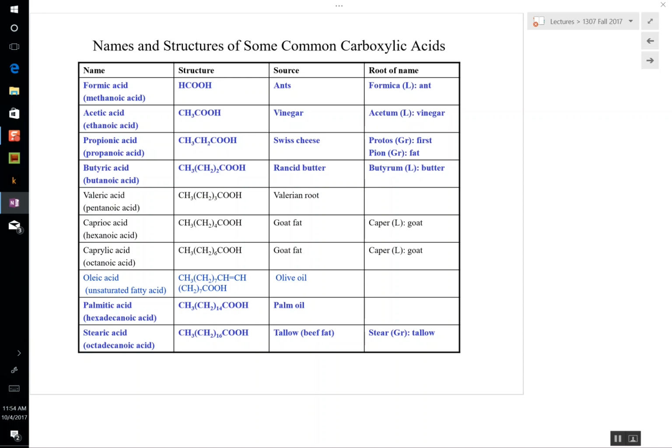And it's coming from the Latin word for butter. Okay, we're going to look at these two molecules. I don't know what to say about this one. You can be aware of this one. These two, you should know the names and the formulas of those. We're going to take a look at those right now.